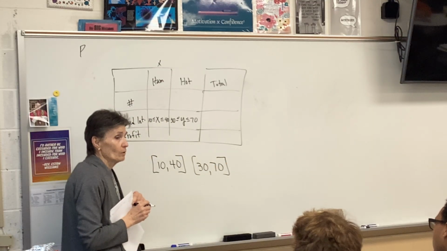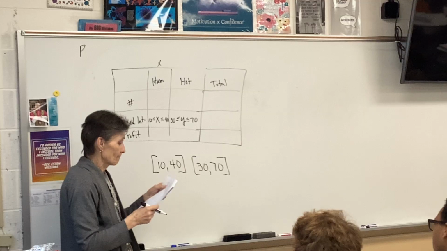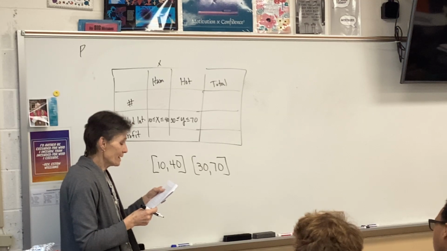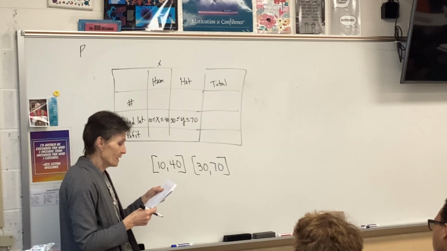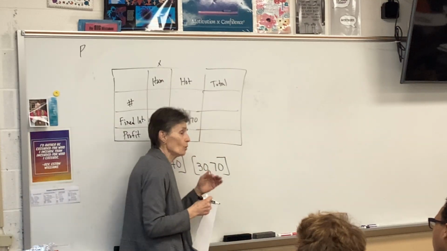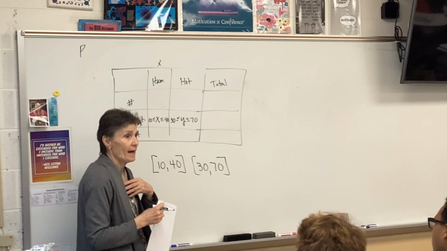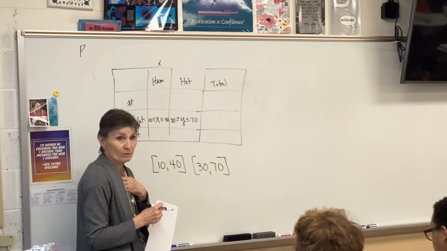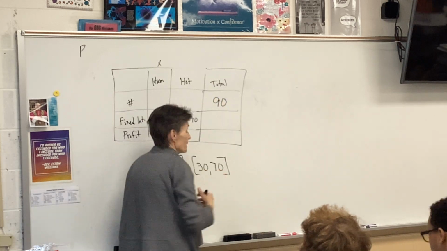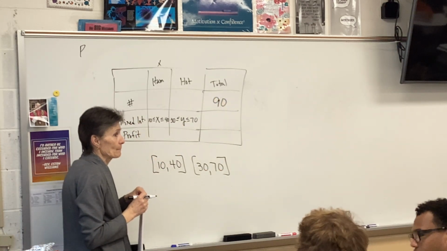That is your interval notation. You cannot cook more than 90 sandwiches altogether. So in other words, your total number of sandwiches has to be 90 or less. So your total number is 90.